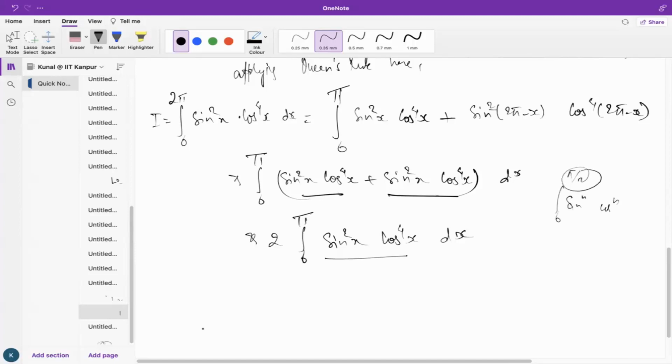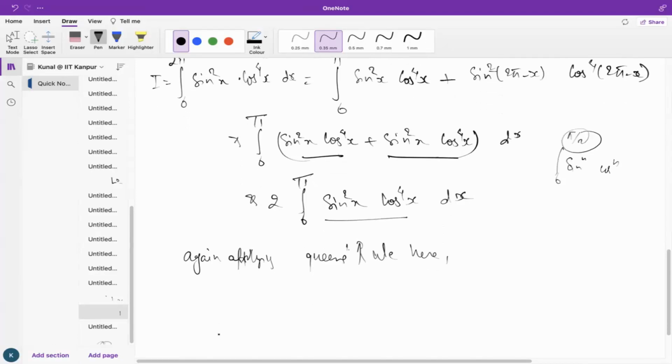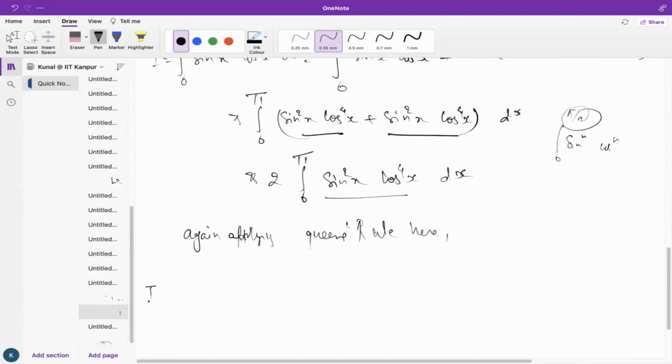So what do we do? Again apply Queen's rule here, because in Queen's rule the limit becomes half of the initial. So what we get, our I is equal to 2 times the integral from 0 to pi of sine square x cos to the power 4x dx.